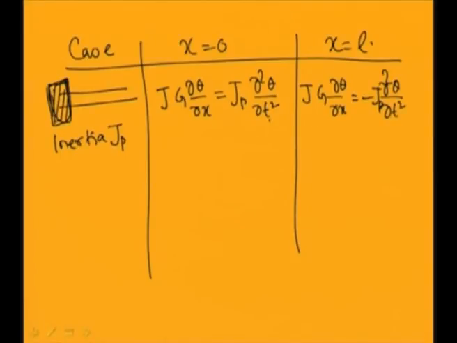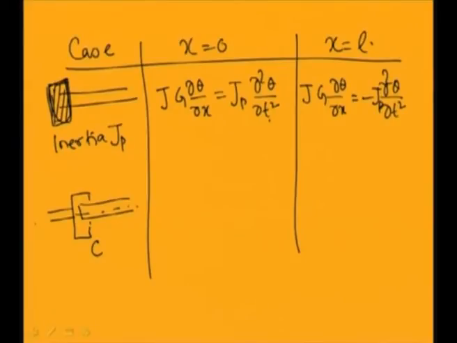Similarly, if we add one torsional damper at the left end or right end, I can put a torsional damper like this. So this is the rod where a torsional damper is attached here. In case of a torsional damper with damping coefficient C, C del theta by del t will be the damping force.